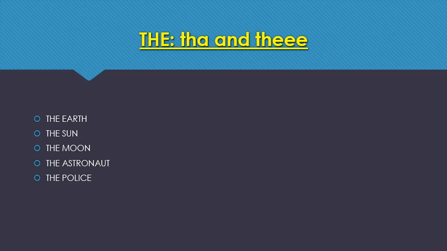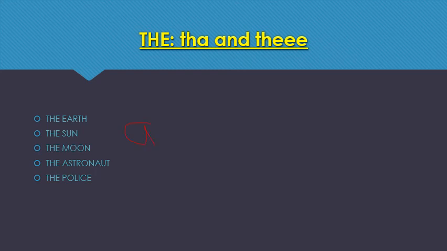Now you must have heard me saying sometimes "the" and sometimes "thee," which is making you a little confused. Listen to me very carefully. The earth, the sun, the moon, the astronaut, the police. Did you understand something? Okay.